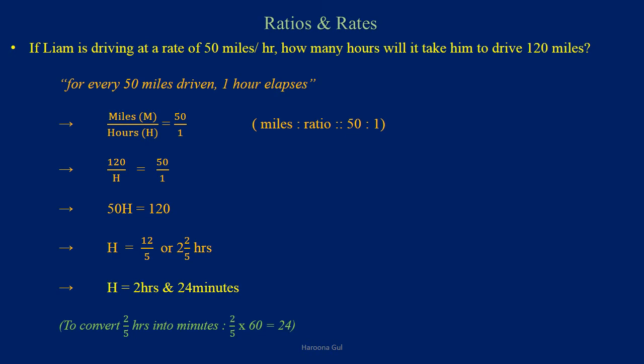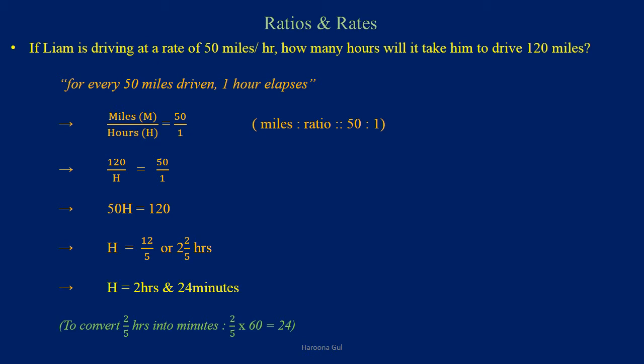We will now be discussing ratios and rates with the help of a few examples to understand this concept very well. Our first question says that if Liam is driving at a rate of 50 miles per hour, how many hours will it take him to drive 120 miles? In other words, for every 50 miles driven, 1 hour elapses.